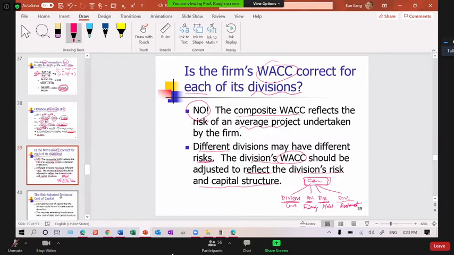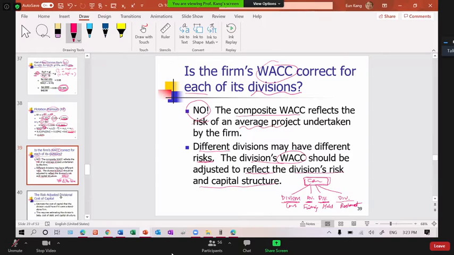Then just using one cost of capital to evaluate all the projects of the company is really detrimental to the company.